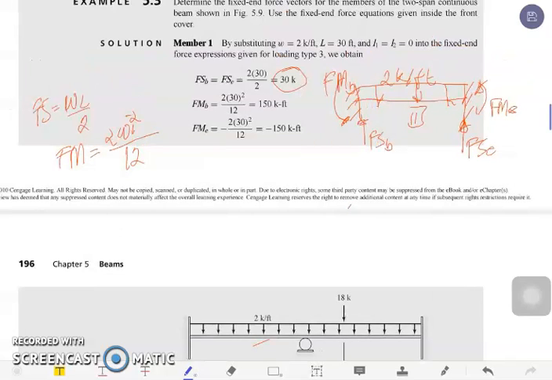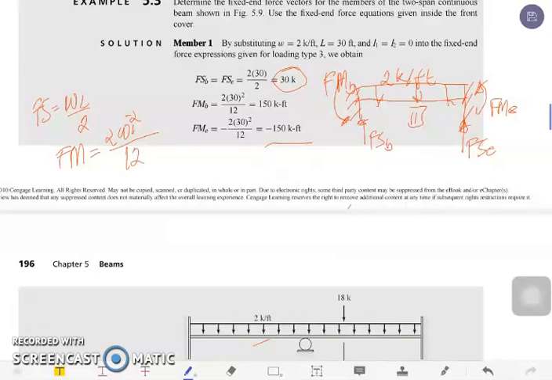Then at the end of the member, it will have a negative WL squared all over 12, so we simply have negative 150 kips feet. So this is now the value for our fixed end forces in the local coordinate system for member 1.